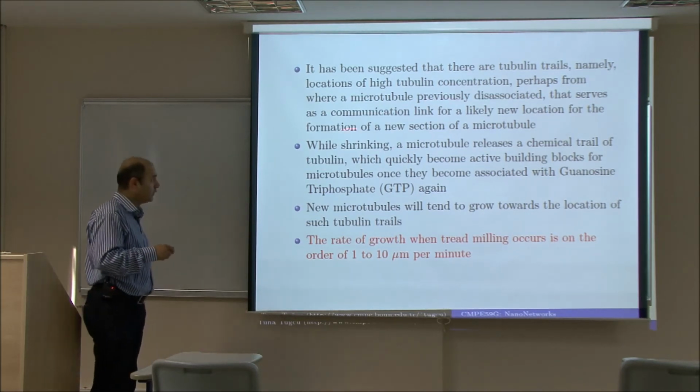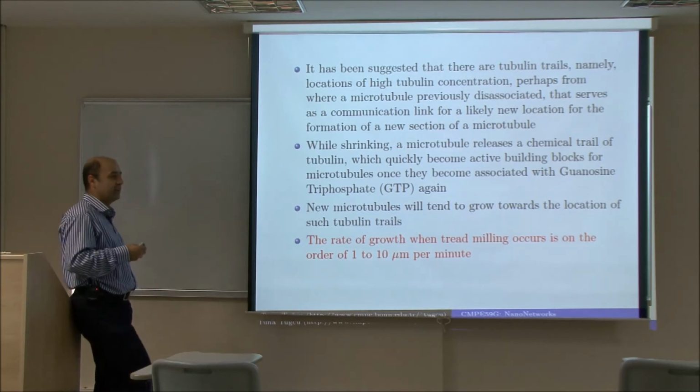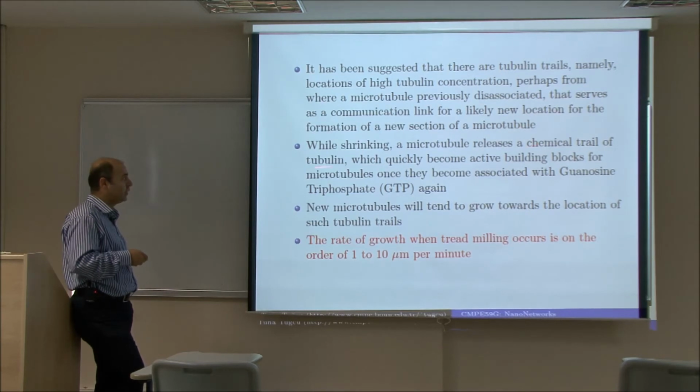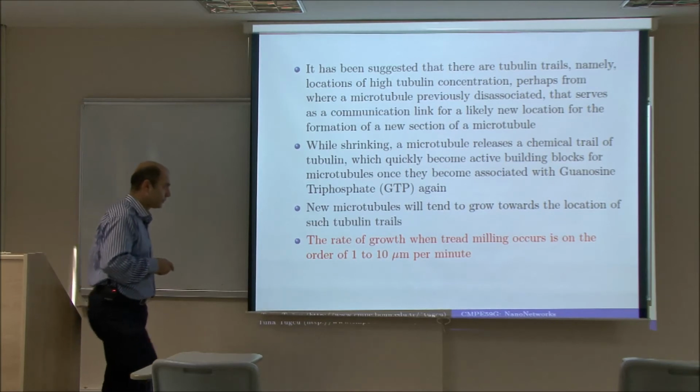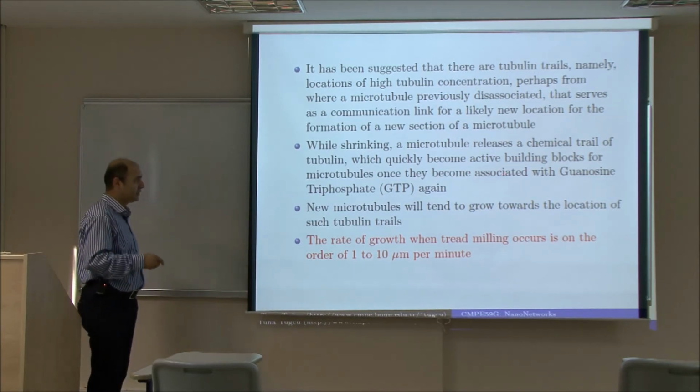So while shrinking, a microtubule will thus be releasing a chemical trail of tubulin, because all those dissolved parts will be in that area, which quickly become active building blocks for new microtubules once they're associated with guanosine triphosphate, GTP, once again.